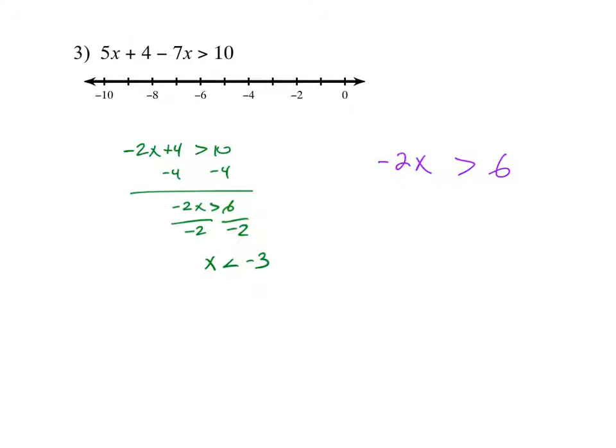So when I'm dividing or multiplying by a negative number on both sides, I change the sign. So now my graph, -3 is going to be here, it's going to be an open circle, and I'm going to trace it to the left.